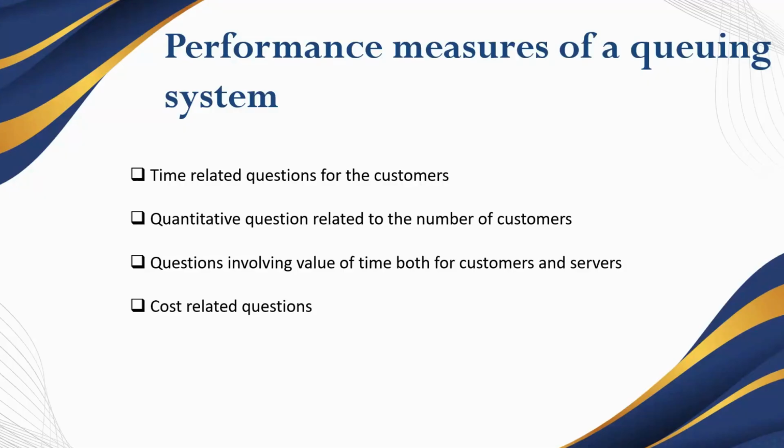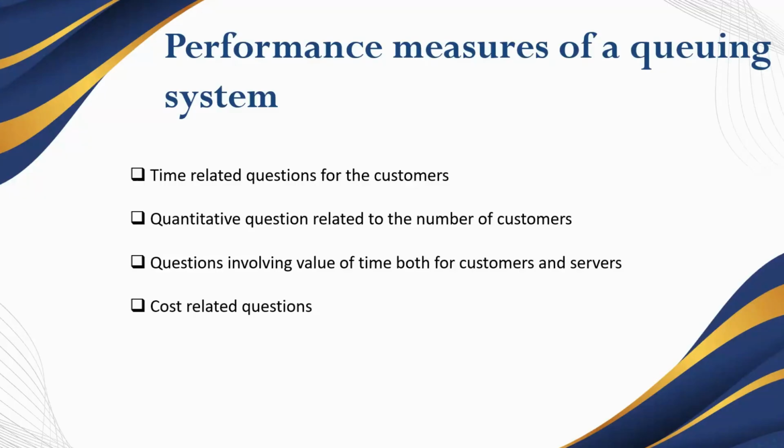The probability that an arriving customer has to wait before beginning service. This is also called the blocking probability. The probability that the server is busy at any particular point in time.